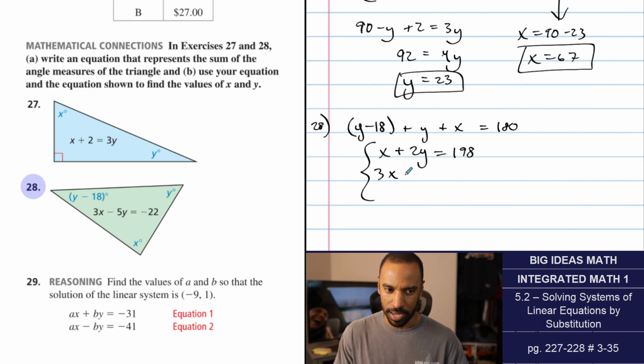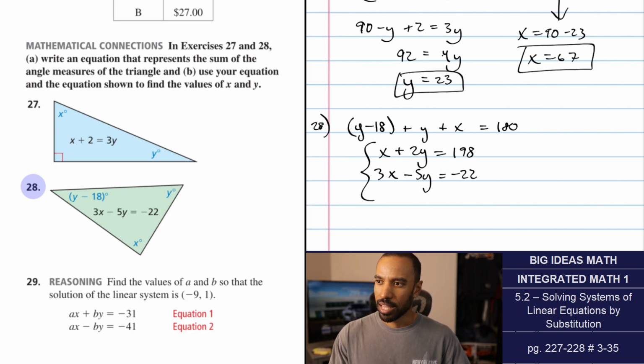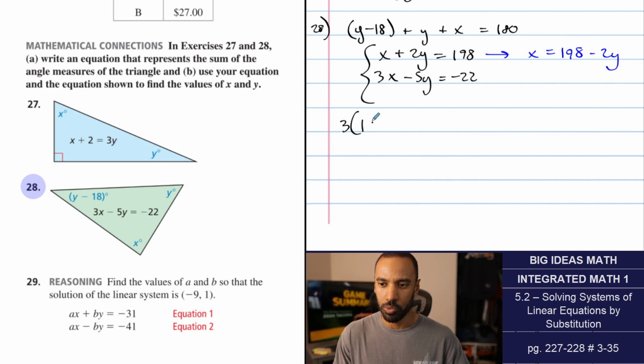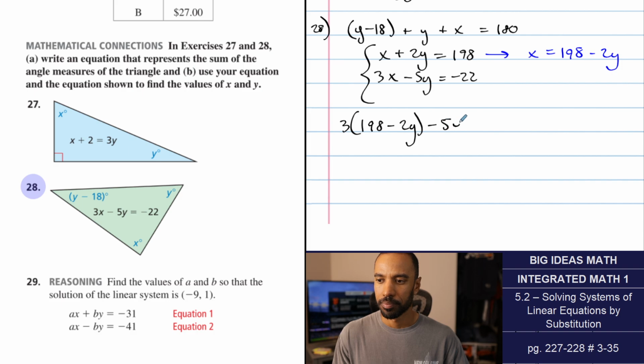And then we also have 3x minus 5y equals negative 22. Once again, getting that top x by itself makes the most sense strategically. One step, no fractions. So let's substitute 198 minus 2y in the bottom equation for x. This will lead to a little bit of big numbers. So I get 3 times that, minus 5y, equals negative 22.